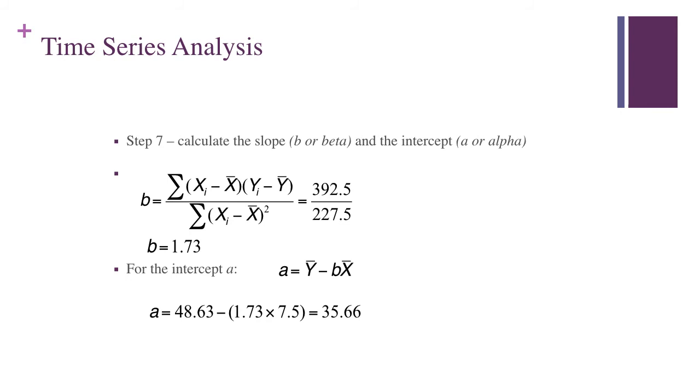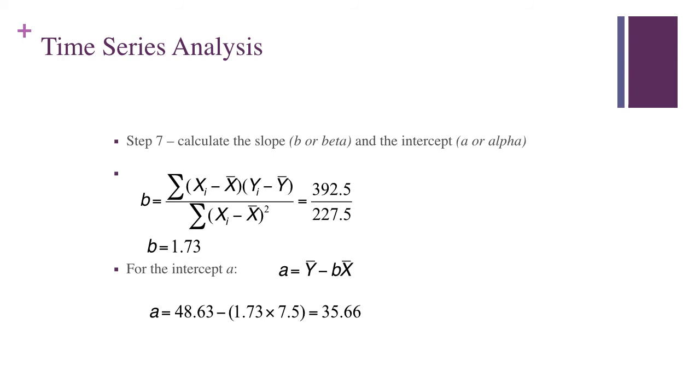Now my intercept is going to be the mean of y minus beta times the mean of x. The intercept basically is where the line on an xy axis touches at 0. In other words, if no independent variables were to affect my dependent variable, it would be a given number.